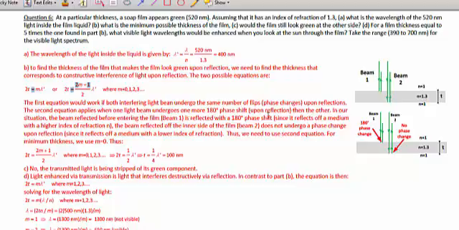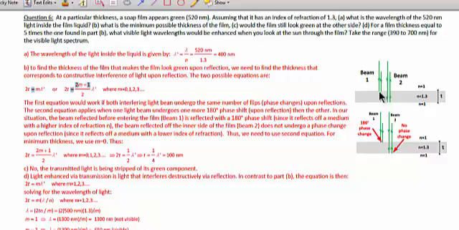When do we have a phase change? We have a phase change whenever light is reflected as it is going from a fast medium to a slow medium. For example, beam 1 here is in a fast medium, air, and it is going into the film, water. So it is going from air into water, but we are focusing on the reflected beam.